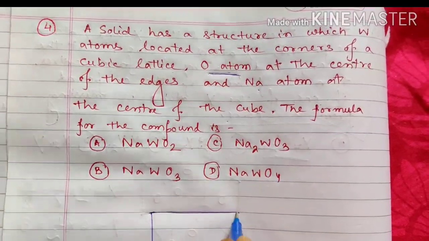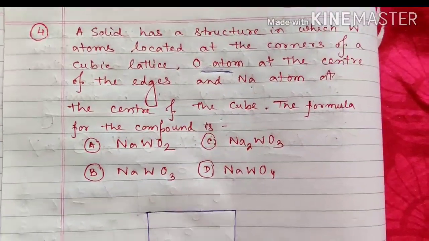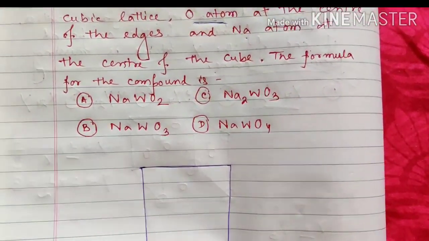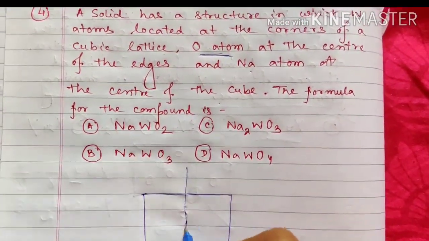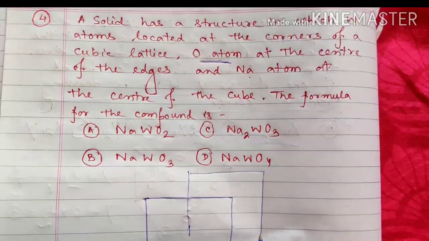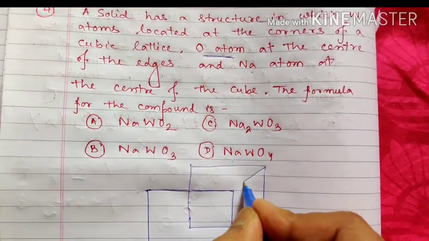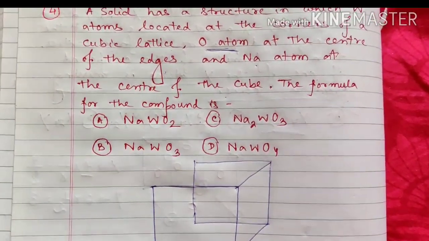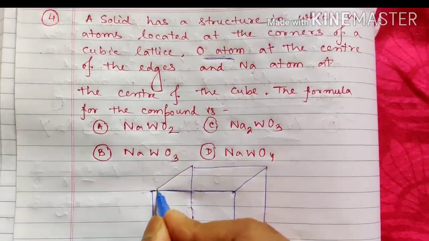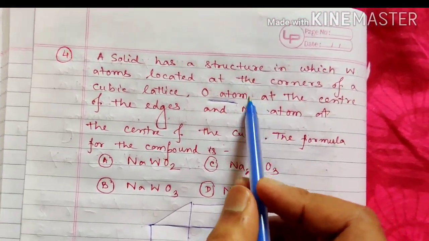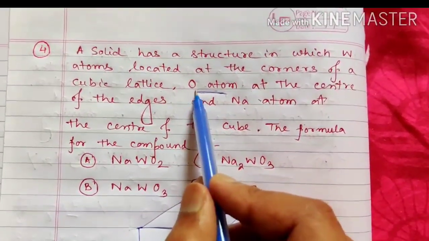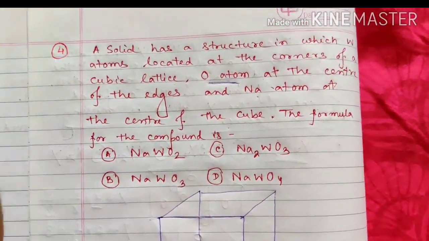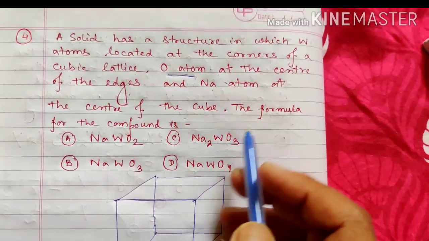So a cubic lattice has to be drawn as always. So this is the cubic lattice. Here, first thing first, O atoms, the oxygen atoms are at the center of the edges.